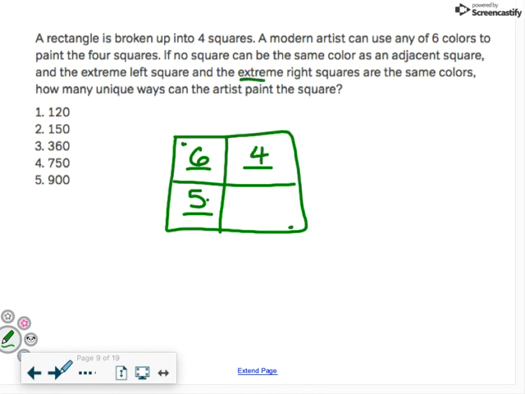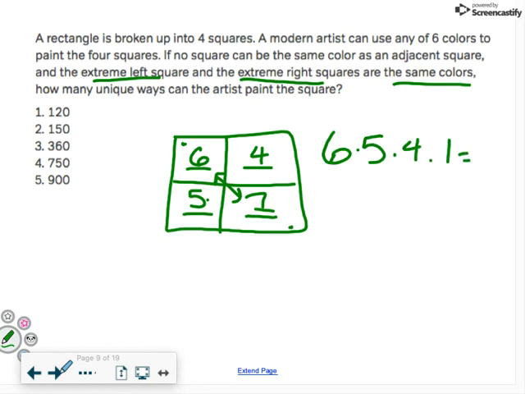Noticing that the extreme left and extreme right are the same color, this is going to be whatever this color was, so we only have 1 option for it. So we take 6 times 5 times 4, then times 1, and if we multiply those all together, we get an answer of 120.